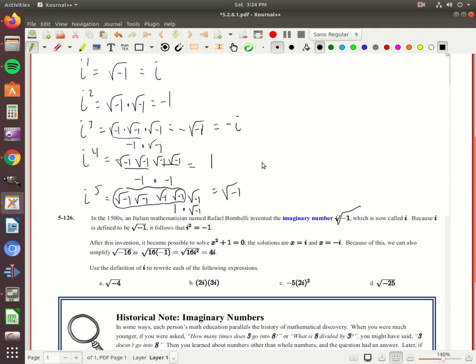And the square root of negative 1 we know equals i. So I'm just going to get this pattern repeating, right? I just keep going back and forth. i, negative 1, negative i, 1. i, negative 1, negative i, 1. So you keep getting this repeating pattern.